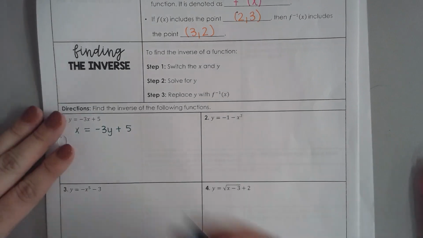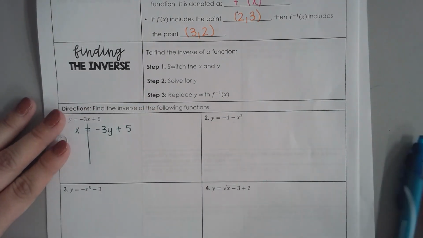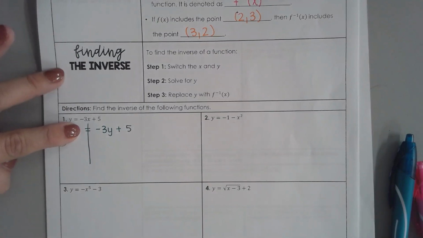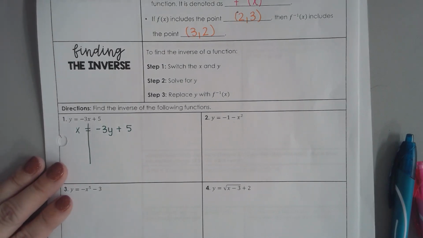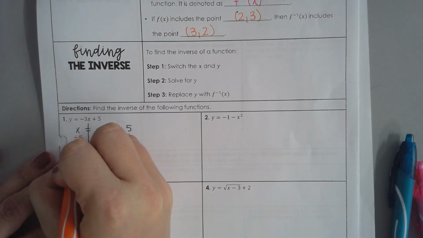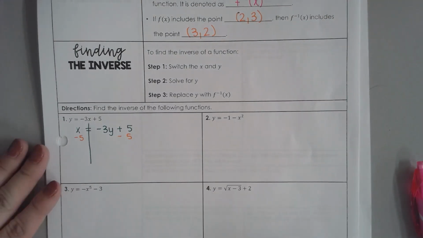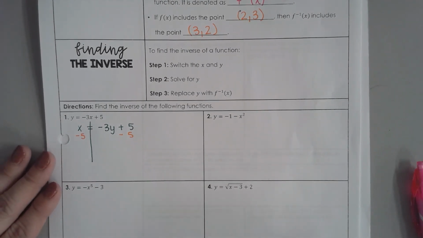So you solve it, just work it out like you're solving a normal equation. If this was a number over here, you're trying to get y by itself. What would you do first? Subtract 5. Now in your calculator, you can't type in x minus 5, it's going to plug some random number in for x.